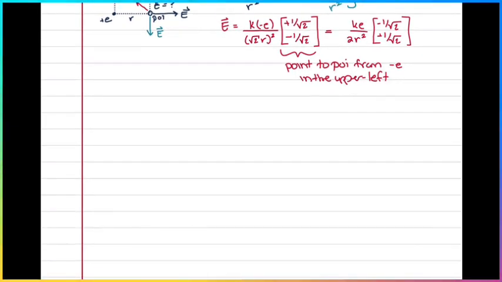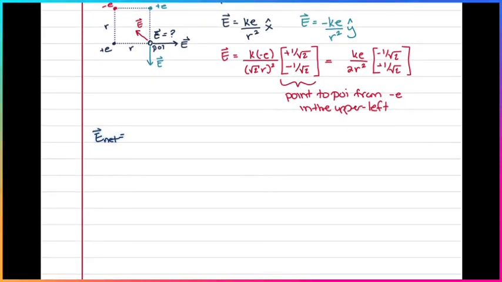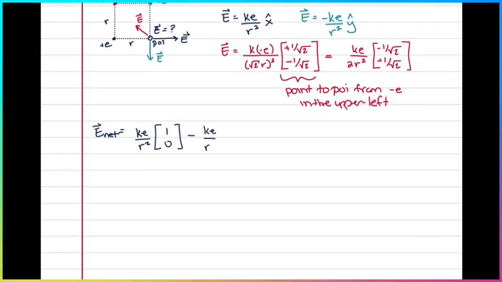So then, once you have all those, E net at your point of interest is just the sum of them. So I just add them all together. If I do them as columns, I have kE over r squared, and the first vector was only in the x direction. The second one was kE over r squared, only in the y direction.